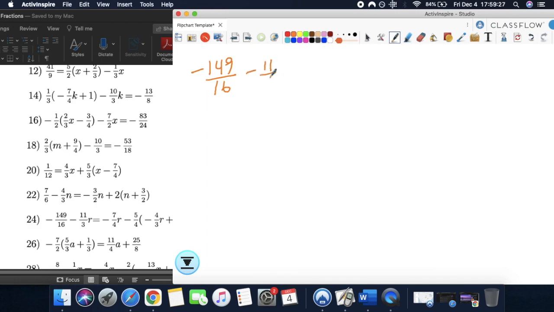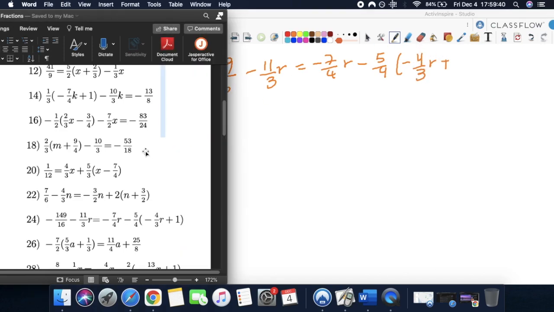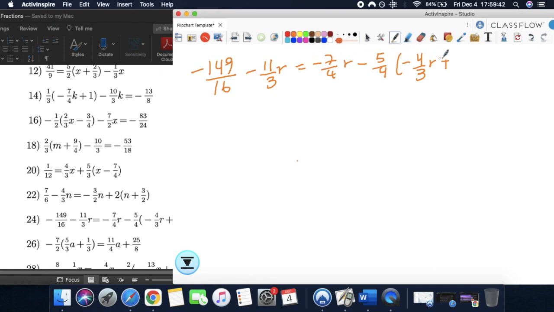Negative 11 over 3r equals negative 7/4 r minus 5/4 times negative 4/3 r plus 1. All right, so there's a 1 here. Okay, oh my god. So this is definitely an ugly one. Nothing to do over here.